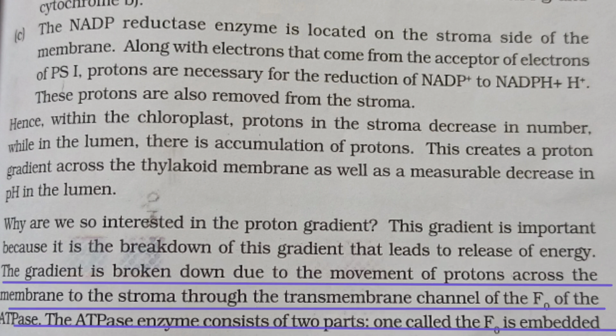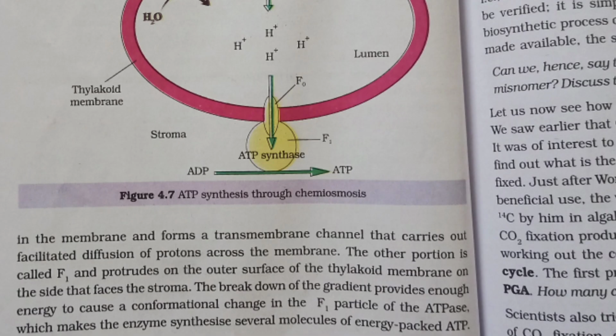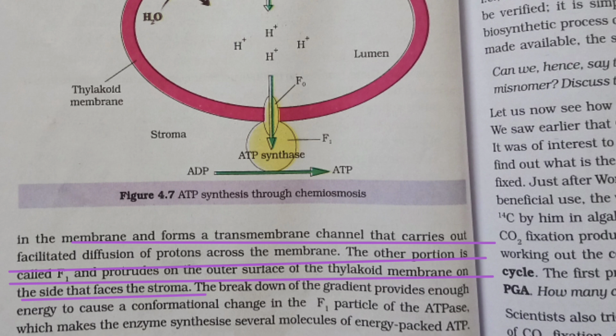The gradient is broken down due to the movement of protons across the membrane to the stroma through the transmembrane channel of the F0 of the ATPase. The ATPase consists of two parts. One is called F0, which is embedded in the membrane and forms a channel that carries out facilitated diffusion of protons across the membrane.